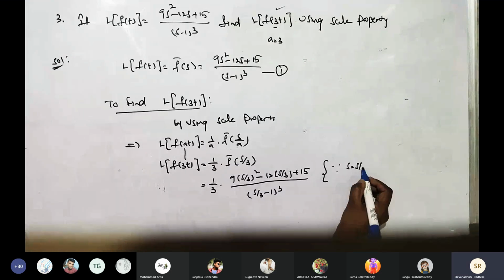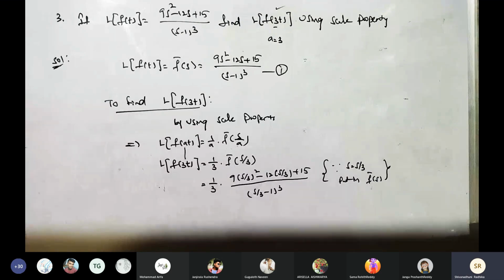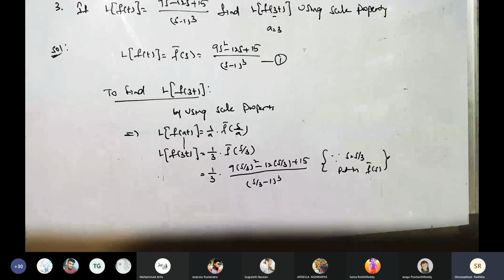Now 1 by 3 into, again take the LCM in the numerator.